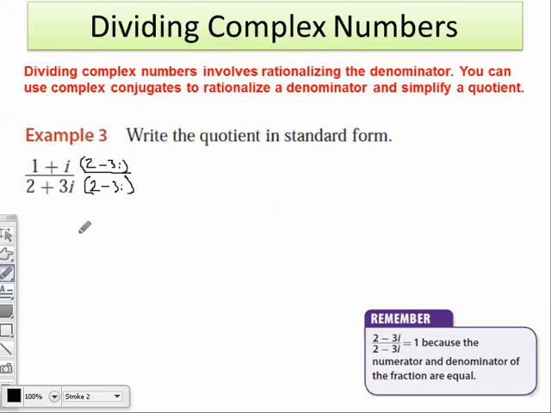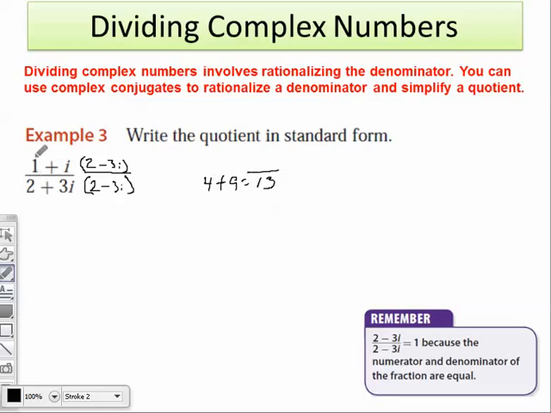When I do that, the bottom becomes a positive rational number. 2 times 2 is 4. Let's see here. 4 plus 9, which is equal to 13. That will be my denominator.